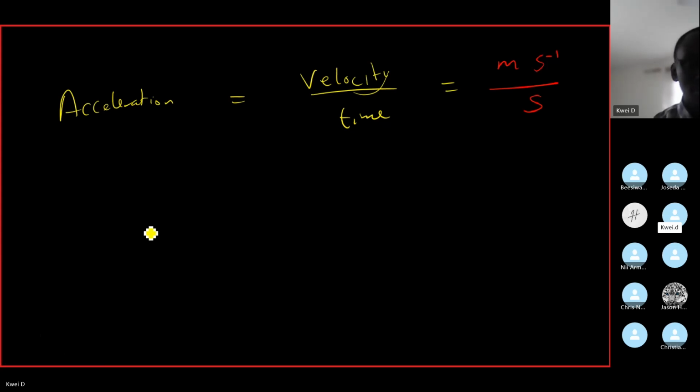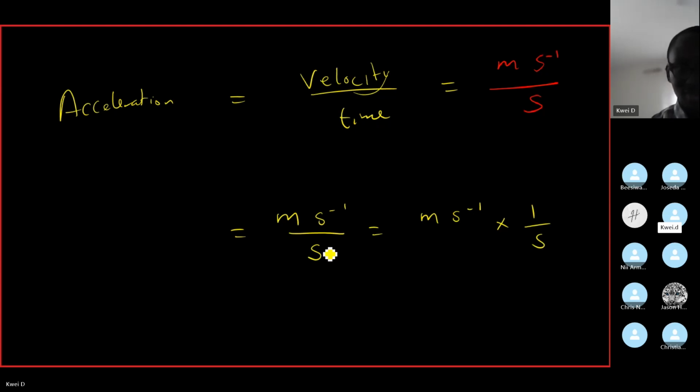Watch. You can have m s to the minus 1 divided by s, right? So that can give you m s to the minus 1 times 1 over s. And 1 over s is the same as s raised to the power minus 1.